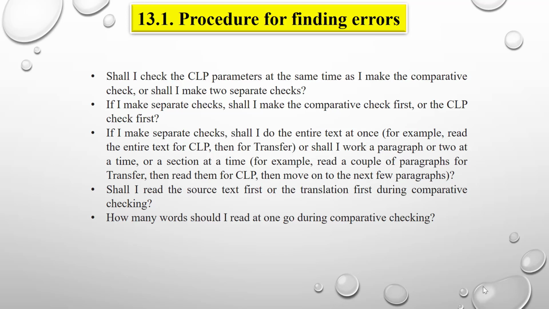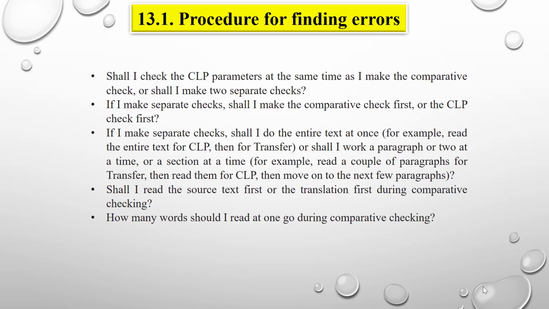So, suppose you have decided to check the transfer parameters, that is accuracy and completeness, as well as some CLP parameters. In other words, you are going to make a comparative check, not just a unilingual check of the translation itself.